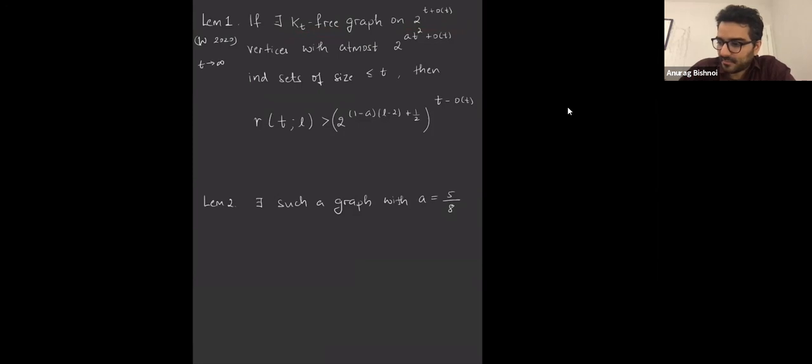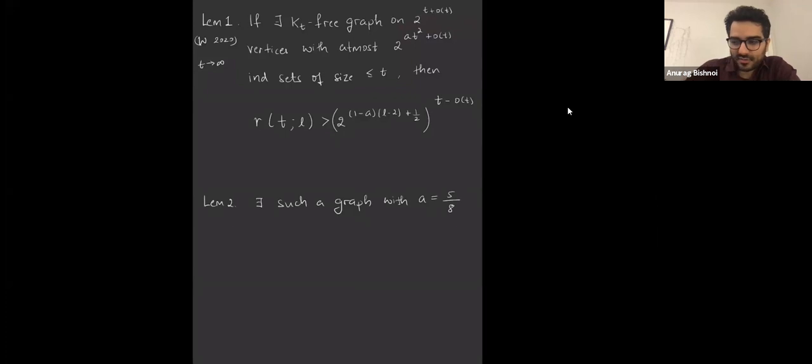And this might look very artificial to you, that I'm already picking a graph on some special number of vertices. But it's just for convenience. You can write down this whole thing in a much more general form where this thing is just some number n, but it's okay. I'm going to ignore that.